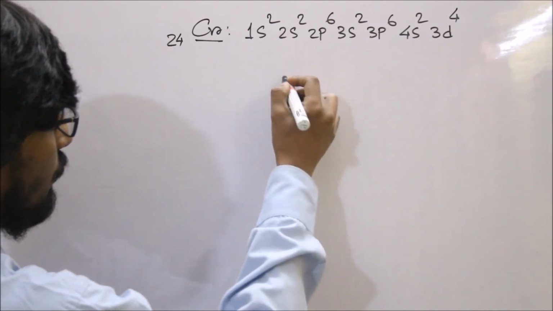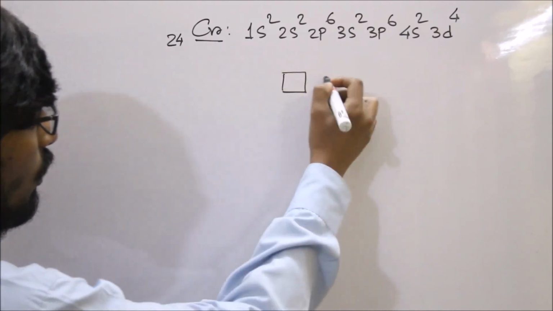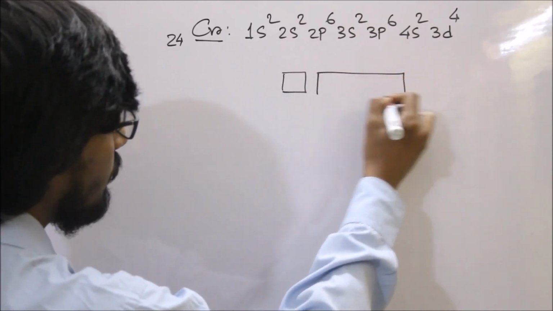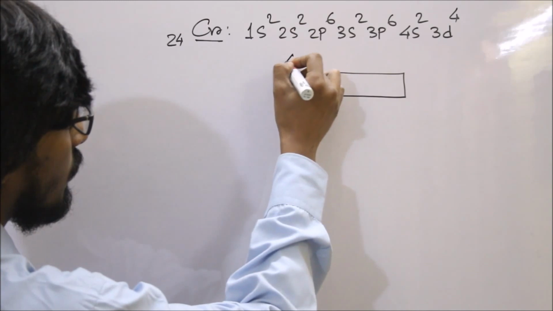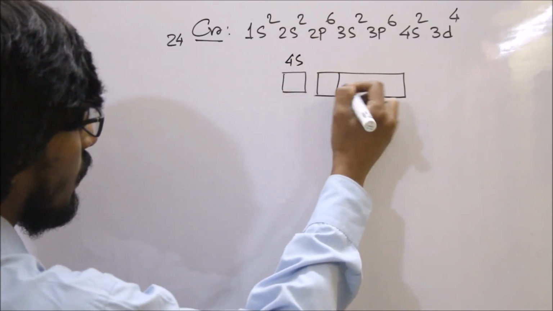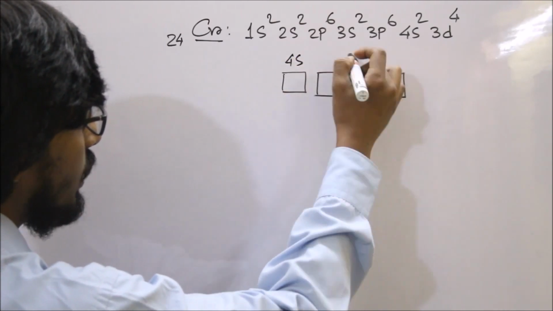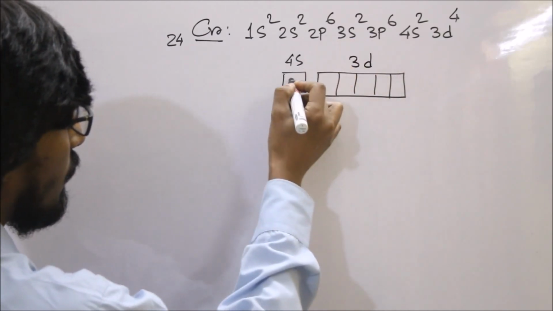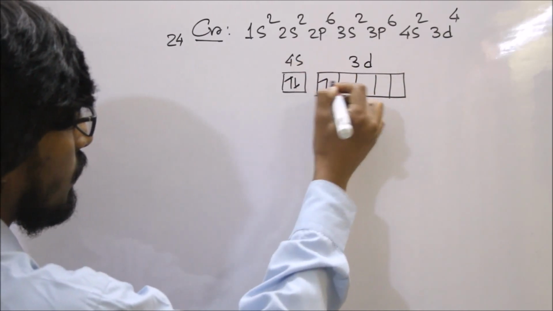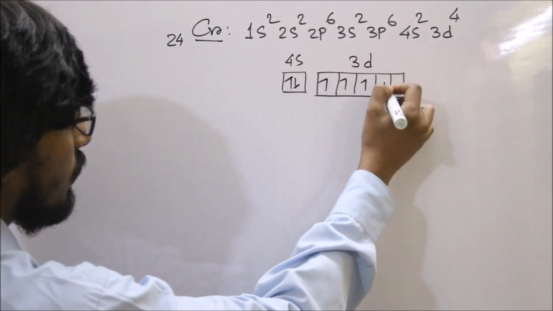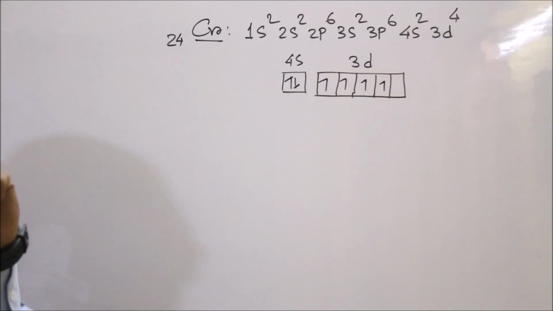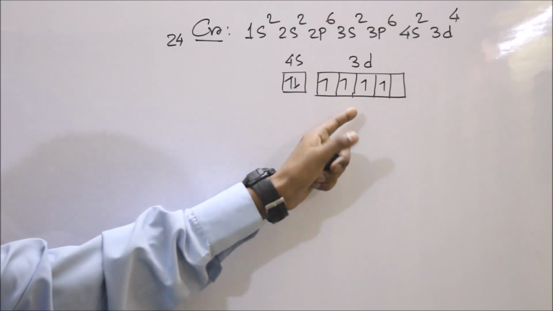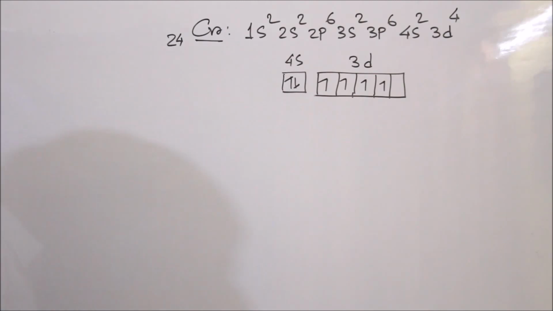But if we draw the box diagram of the valence shell, 4s and 3d, then it is observed that the 3d orbitals are not half filled.